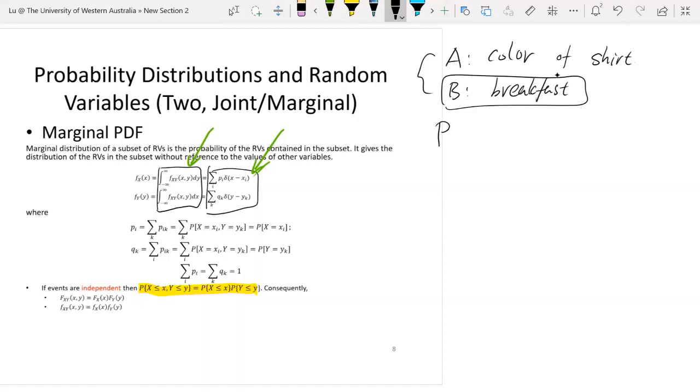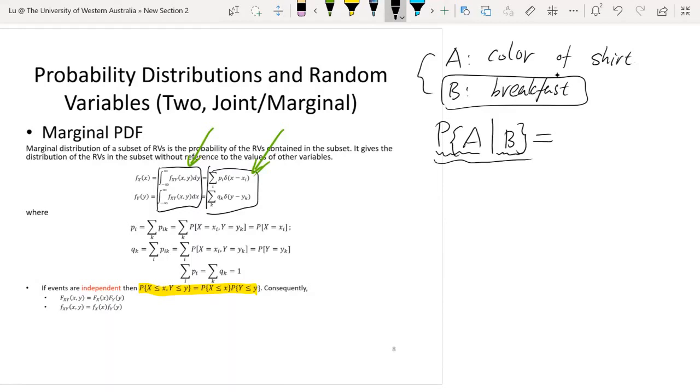I want to ask, what is the probability that event A happens subject to B? So here A and B are independent of each other. This conditional probability is saying, if I give you the condition of B, for example, you are eating a sandwich, what is the probability of A, for example, dressing a white shirt?